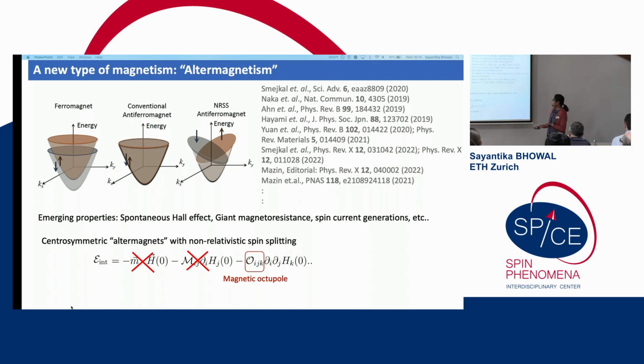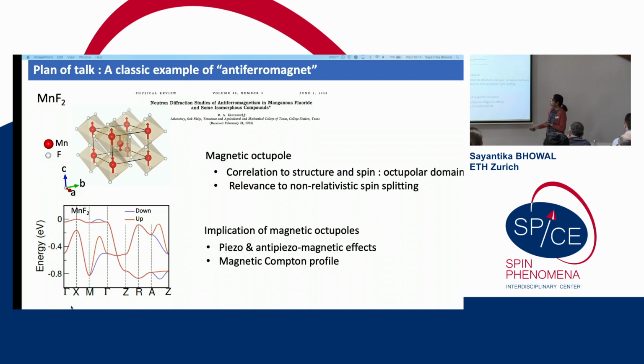Now, in this talk, I will focus on manganese difluoride. So here I'm talking about the bulk crystal structure, so it is not a monolayer. And in this case, the Mn ions are structurally equivalent. So this has already been proposed as a candidate material for altermagnet.